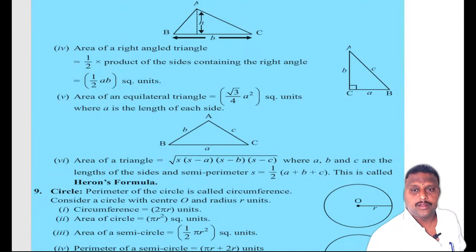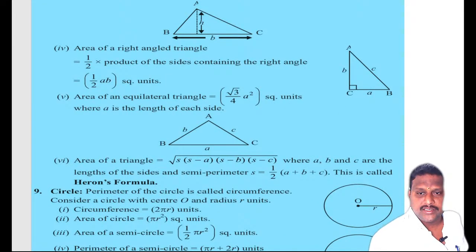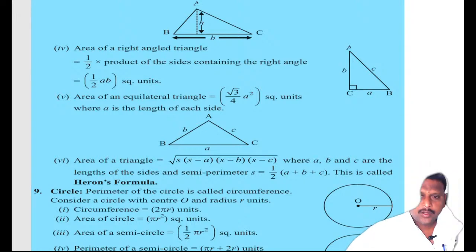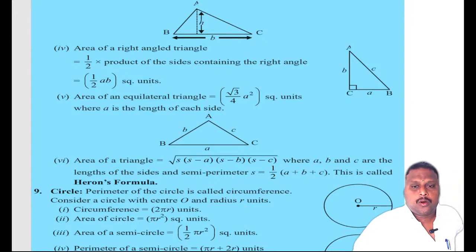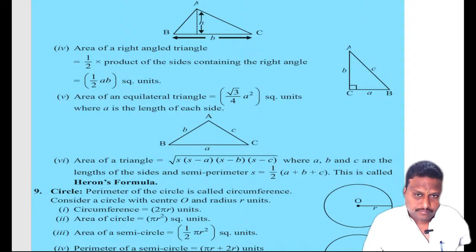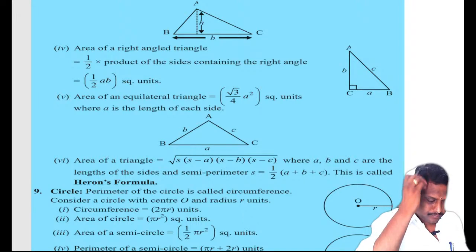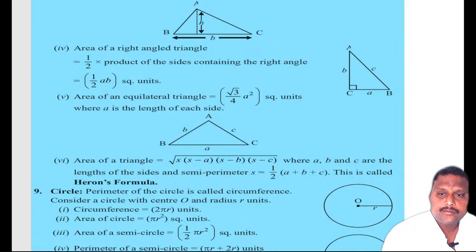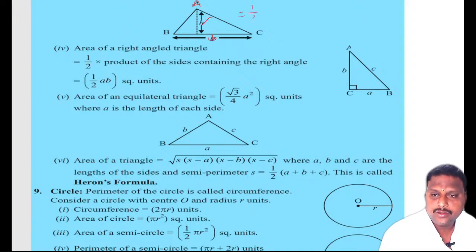This is the base and this is the height. This is a triangle in which base is B and height is H. This area is equal to half base into height, square units.